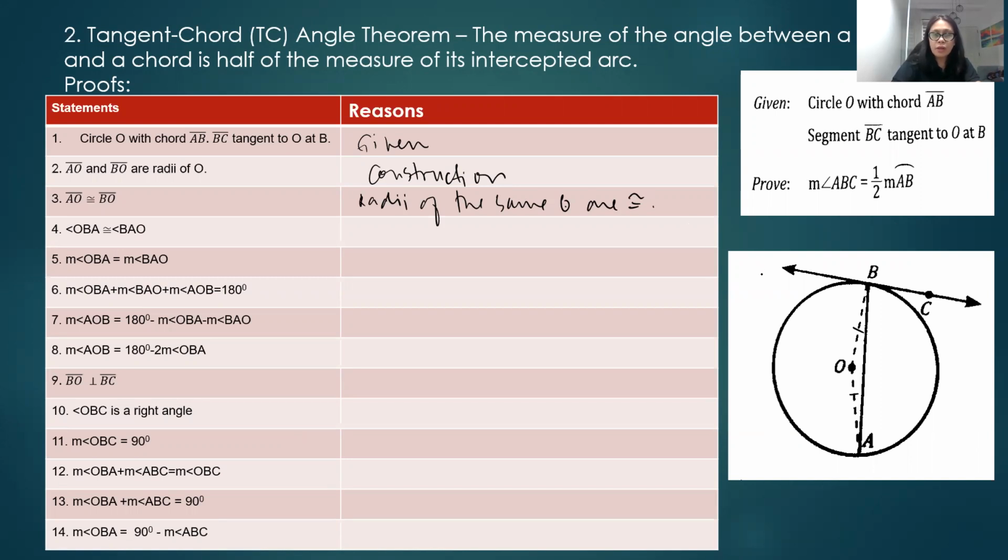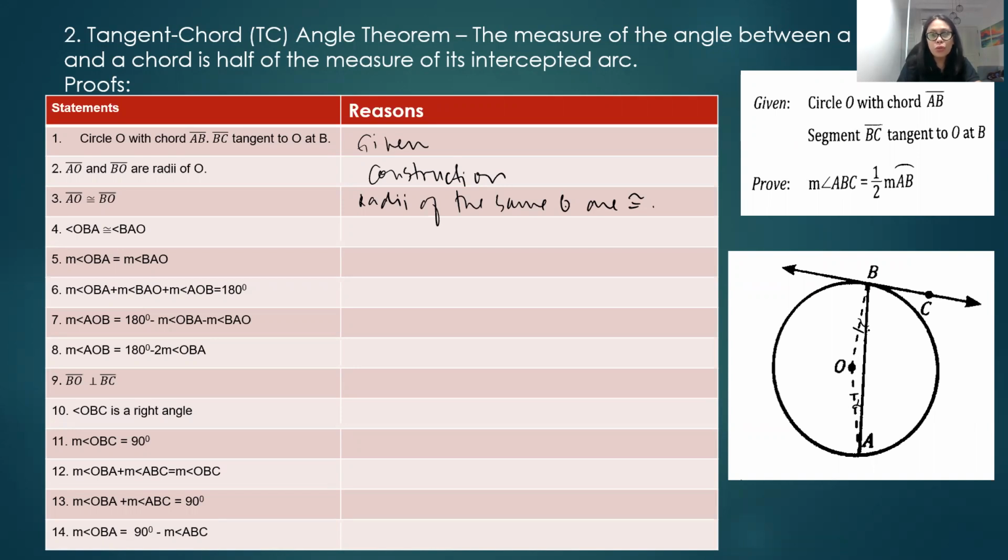And then angle OBA and angle BAO are congruent. Now, since the two sides here, which are radii of circle O, are congruent, and OB and AO here are sides of this triangle, we can consider that this triangle is an isosceles triangle.